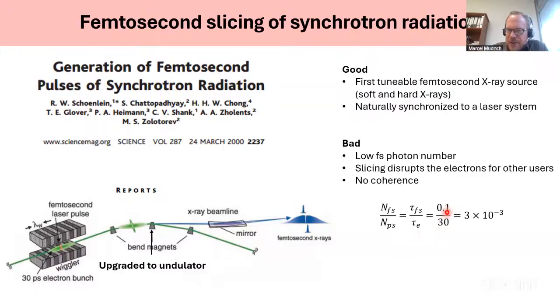So this is, let's say, 100 femtoseconds, which is 0.1 picoseconds, divided by 30 picoseconds, around a thousandth or so of the number of photons in this femtosecond pulse, which is very low.